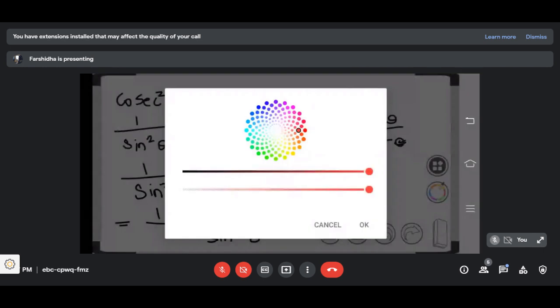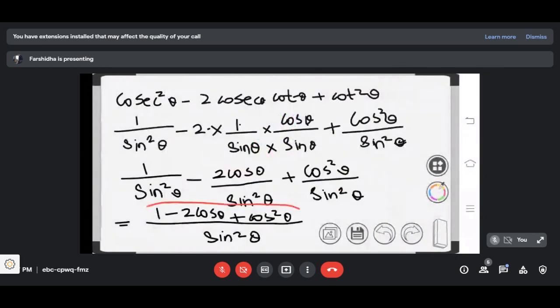Now listen carefully. This numerator is in the form of a square minus 2ab plus b square, so you can factorize it as (a minus b) whole square. 1 you can write as 1 square.